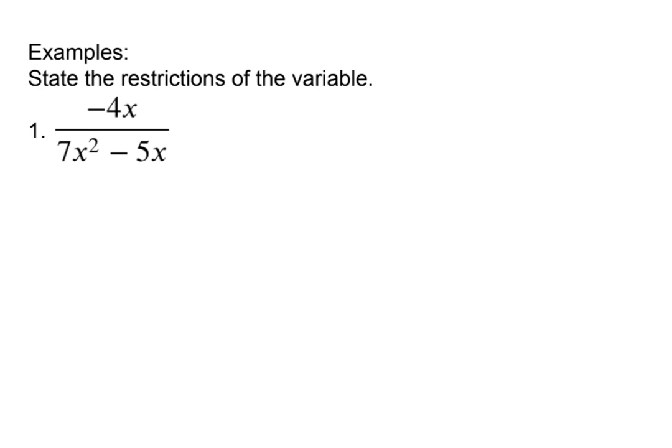So what we're going to do is state that the bottom of the fraction, 7x squared minus 5x, cannot be 0. And then we're going to solve this just like you would an equal sign equation. Since we have an x squared, this is going to be one of those where we set it not equal, in this case, to 0, and then factor and set each of the factors equal to 0.